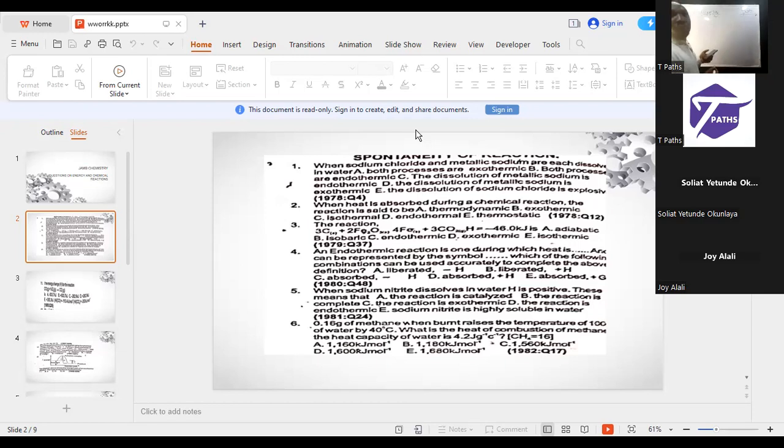Let's write the data. Mass of methane is 0.16 gram. When burnt, it raises the temperature of 100 gram of water, with temperature T1 in degrees Celsius.